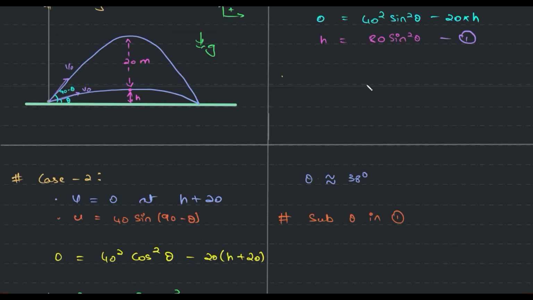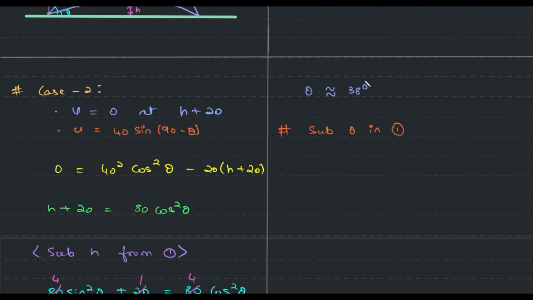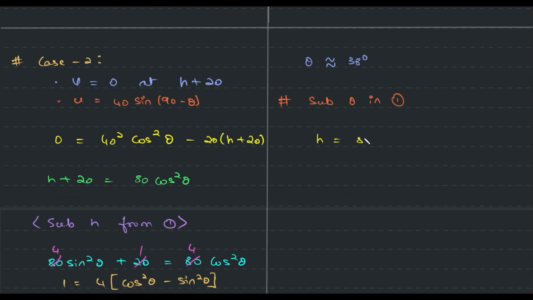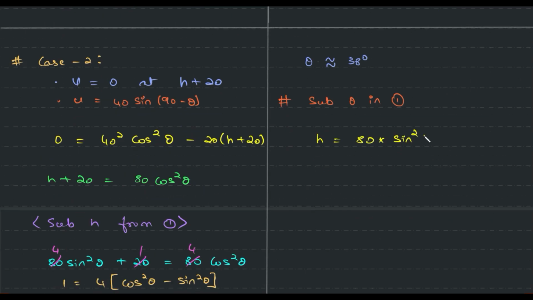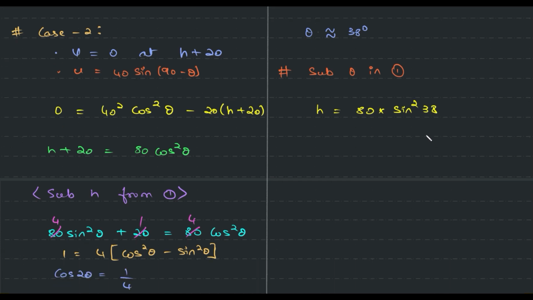Then we'll substitute theta in 1. What we have here is h is equal to 80 sine square 38 degree. Again, I don't have knowledge of the formulas, I'm just going with the flow.